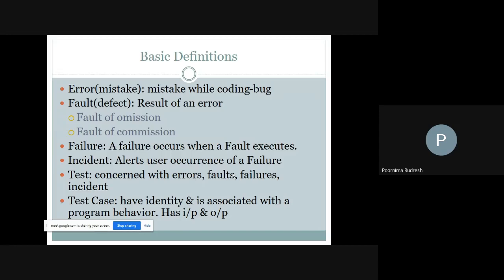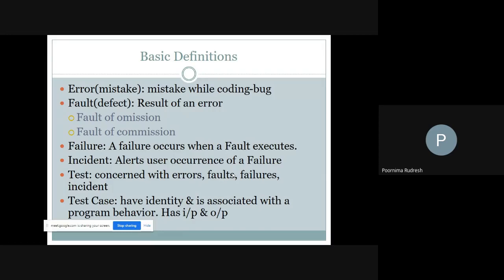We have two types of faults. One is called the fault of omission, and the other is called the fault of commission. So what is fault of omission and fault of commission? A fault of omission occurs when, while writing the code, you omit something.